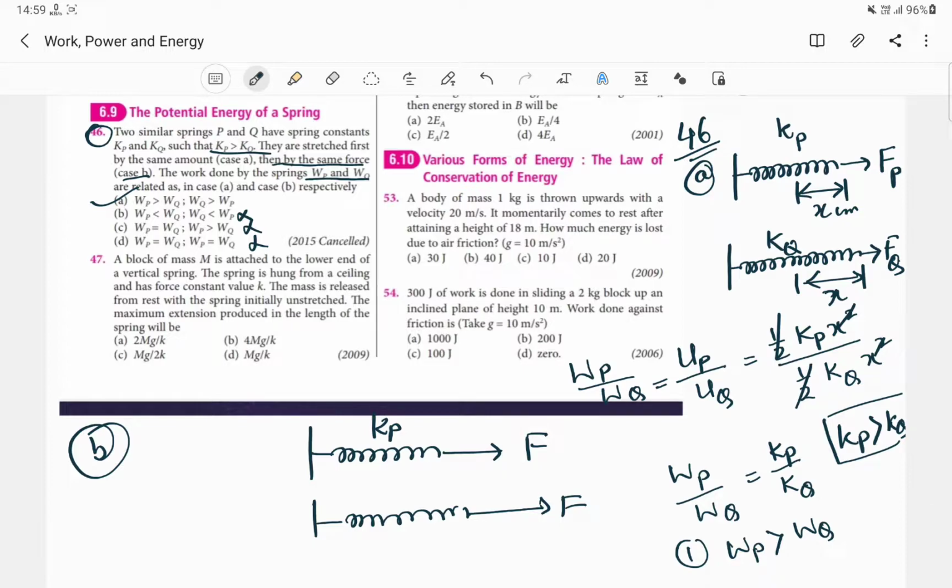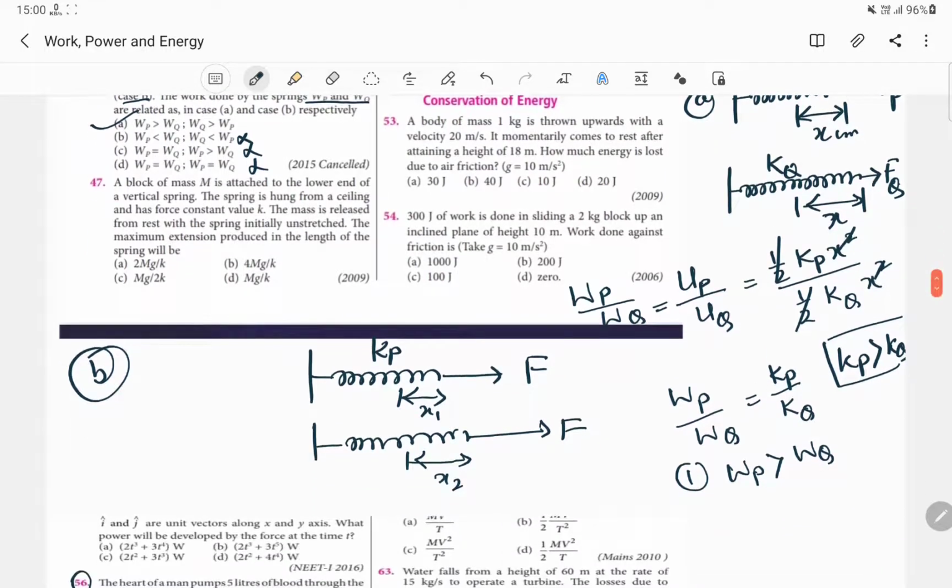And for case B, we do not know the elongation. Here elongation will be x1, and next elongation will be x2. We do not know the elongation in the two cases. Here this will be kq. And what about the forces? The forces that act on these two different springs will be of the same magnitude.